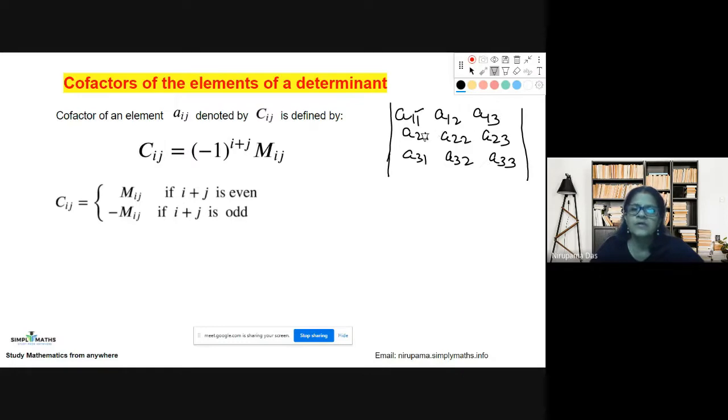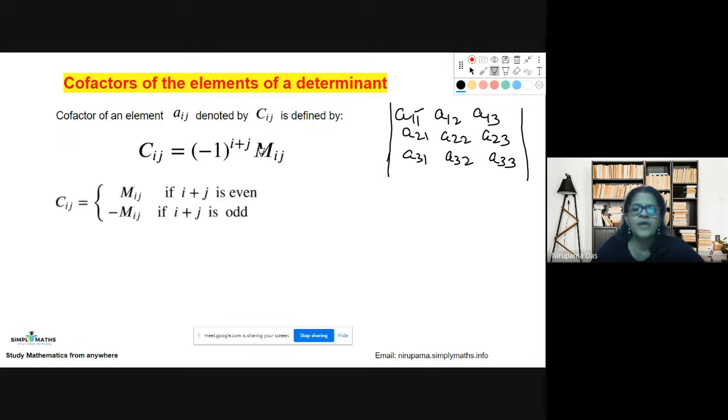It means for all the elements, i plus j is either even or odd. So when i plus j is even, minus 1 power even is plus 1, so cofactor equals minor. And whenever you have i plus j odd, minus 1 power odd number is minus 1.